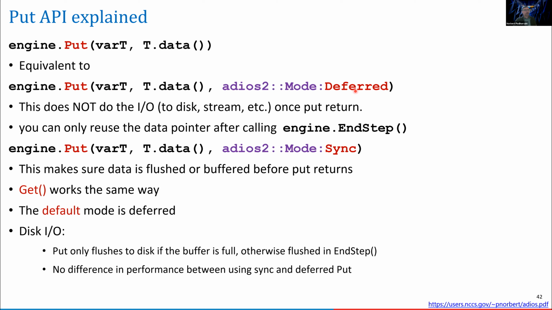This means that put simply gives ADIOS a pointer to remember to do I/O with in end step. And that means the application must not invalidate this pointer. It must not change the content of this pointer. In most cases, the I/O is simple, right? You decide you do some output, and then you start giving the pointers. These are my variables, and then I do the I/O. Done. So it doesn't cause any problem.